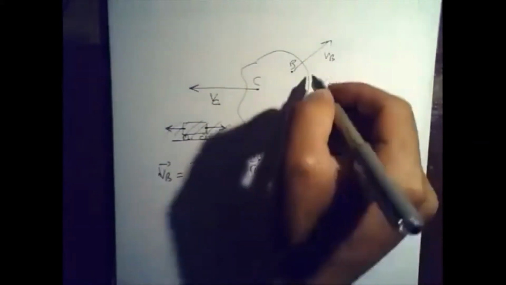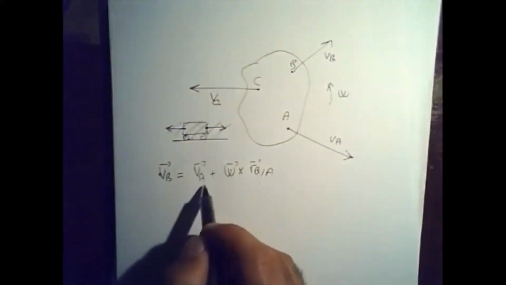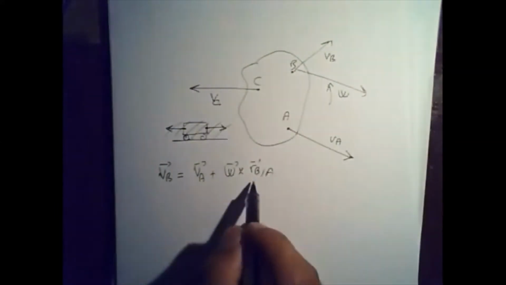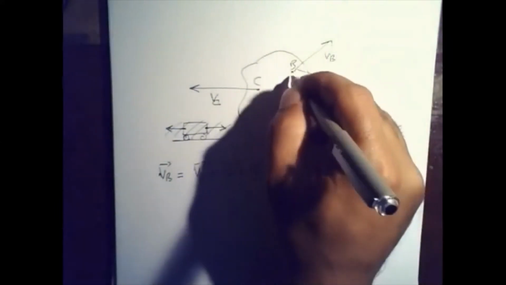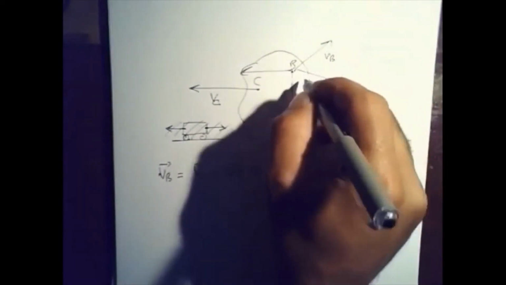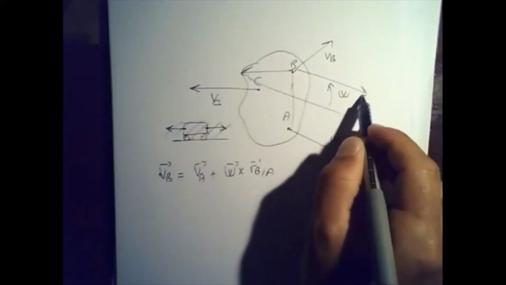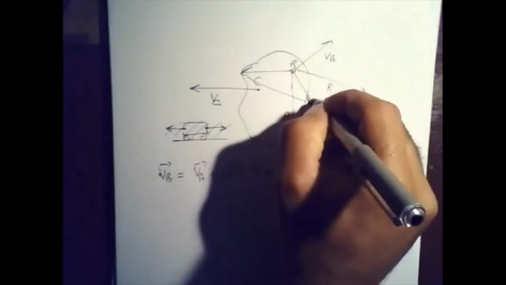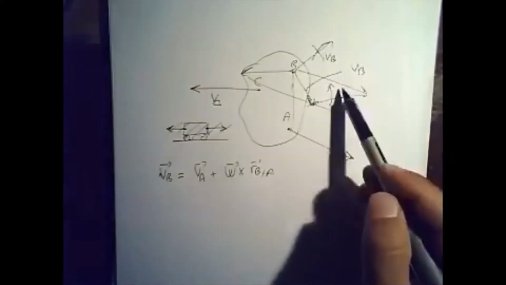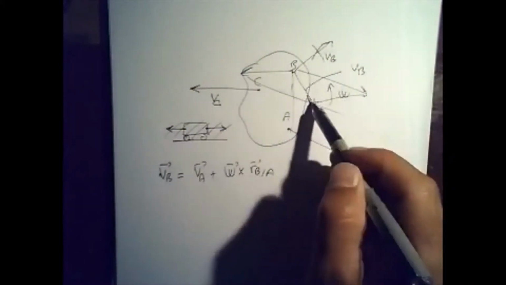So if I were to plot it based on this equation, first of all, I'm going to put VA, and omega cross RBA is going to be a vector that looks like that. Summing these two velocity vectors, I'm going to end up maybe with something like this, and this is actually VB, the actual velocity at B. This is how it had to look.